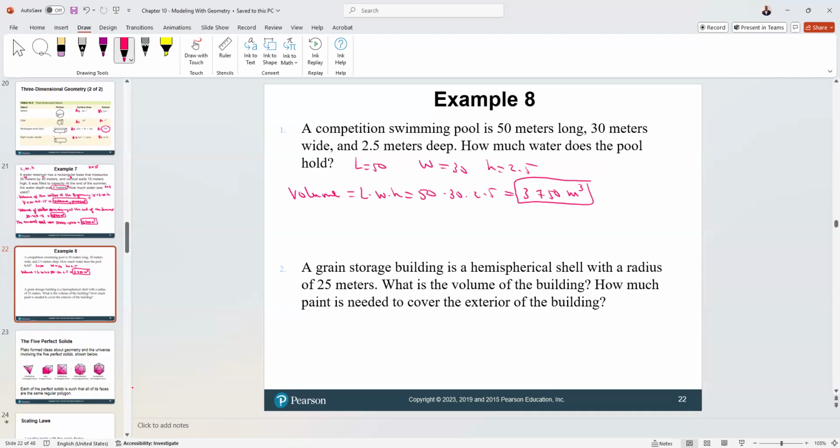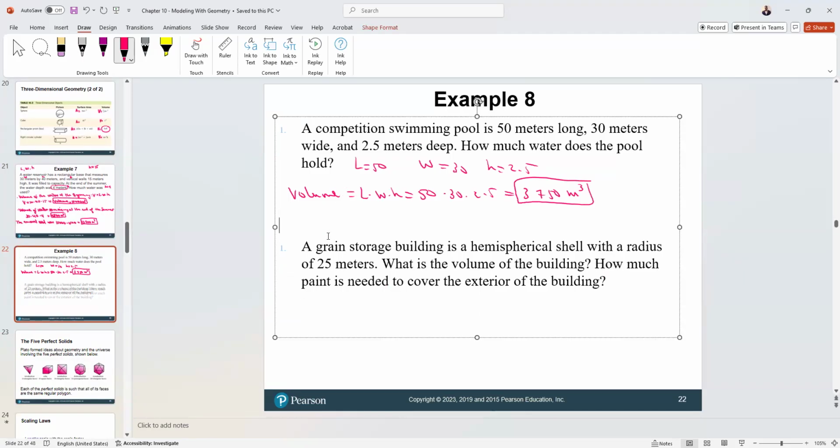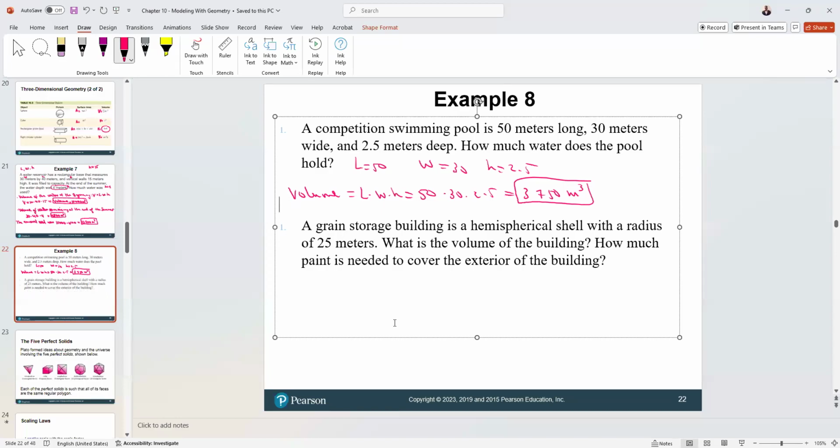For the next example, they ask about a grain storage building that is a hemispherical shell. All right, let's do it.